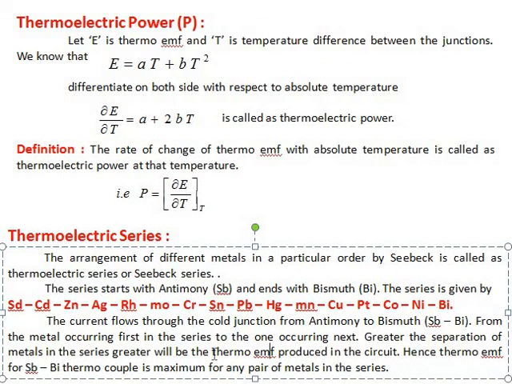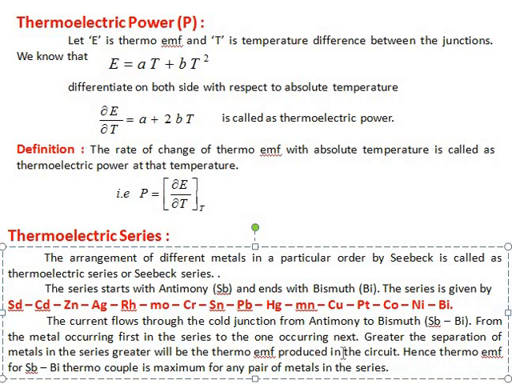Here, the current flows through the cold junction from antimony to bismuth, from the metal occurring first in the series to the one occurring next. The greater the separation of metals in the series, the greater will be the thermo EMF produced in the circuit. Hence, the thermo EMF for the antimony-bismuth thermocouple is maximum for any pair of metals in the series.